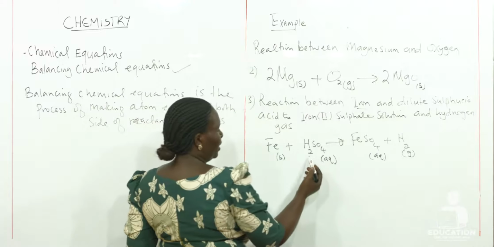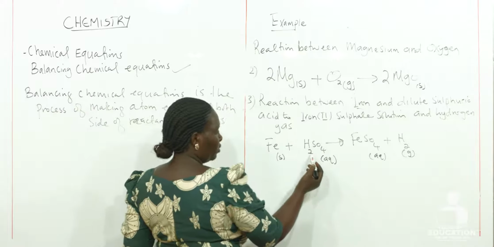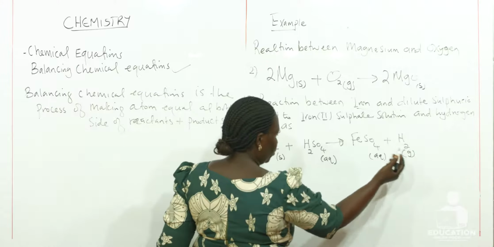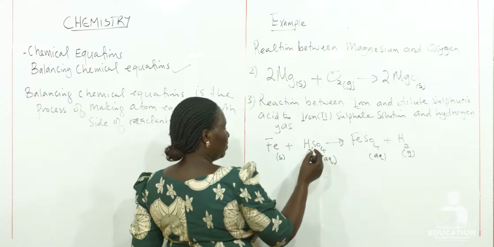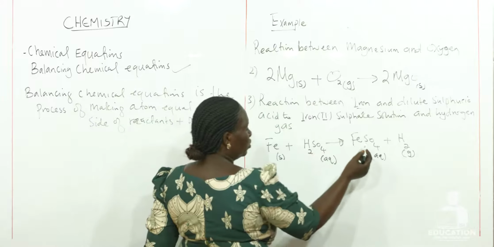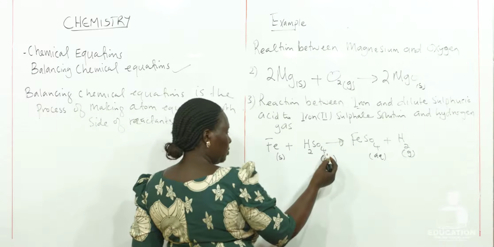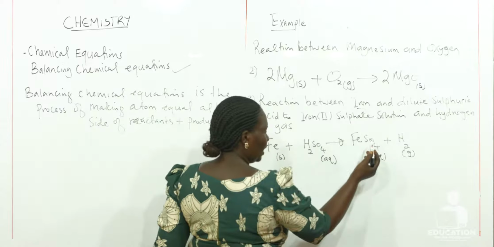Then we come and screen the number of hydrogen atoms that reacted. We have 2 atoms of hydrogen at the left hand side. Also we look at the right hand side, we have 2. Then we look at sulfur. We have 1 sulfur atom at the left hand side, and then also 1. We come to oxygen. We have 4 oxygen atoms at the left hand side, and then we have 4 oxygen atoms at the right hand side.